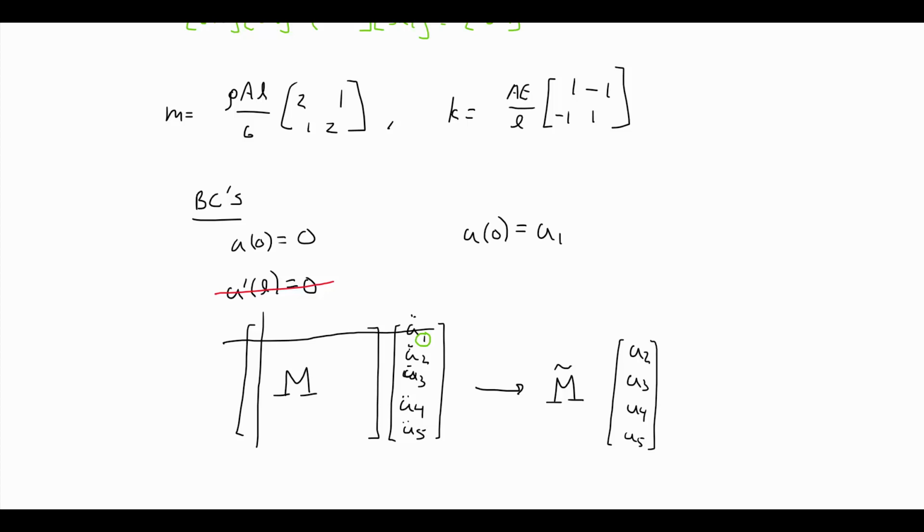So we're only having to solve for these 4 degrees of freedom going forward. And that's how we enforce the boundary conditions in the finite element code when we have homogeneous boundary conditions like we have here. So let's see how we can do that in the code.